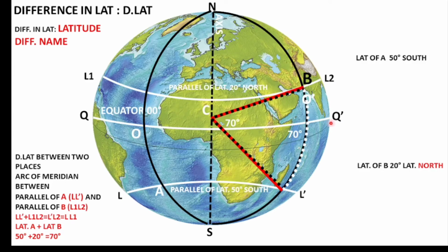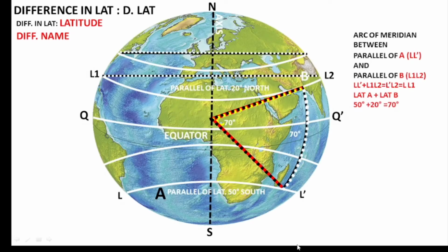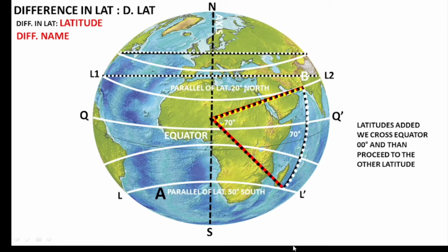So your d-lat is 70 degrees. Now here again we added it up because from A or B, wherever you're going, you're crossing the equator, you're coming to 0. From 20, 0 and then another 50, or from 50, 0 and 20. So total would be 70 degrees.